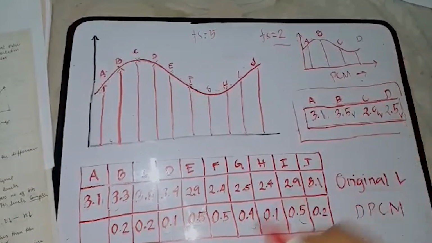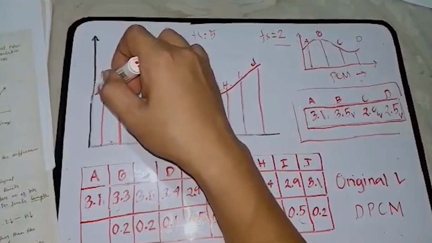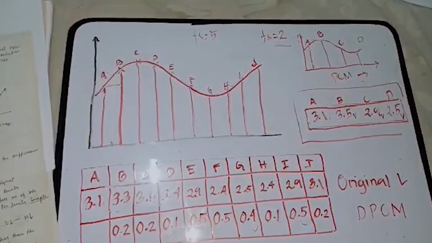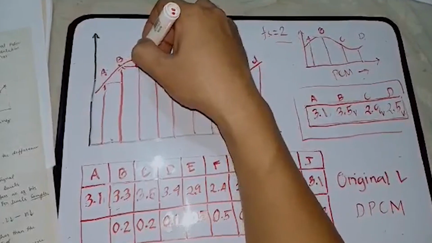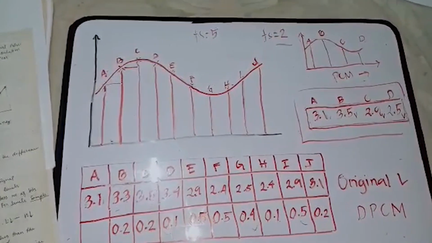Unlike sa DPCM, we only take the difference between each data, or known as error data, that is going to be transmitted.